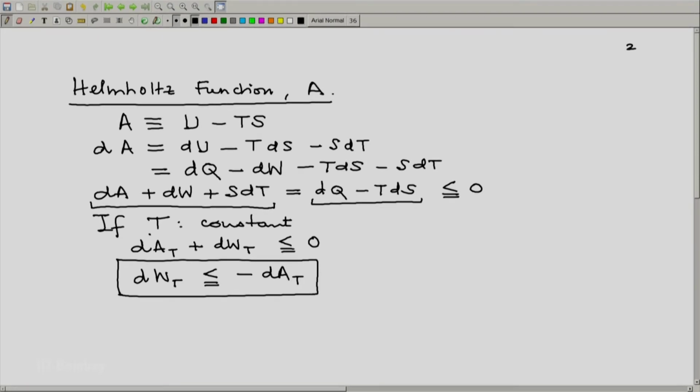That if we maintain the temperature constant, that is an isothermal process, then the maximum work that can be obtained is the reduction in the Helmholtz function.